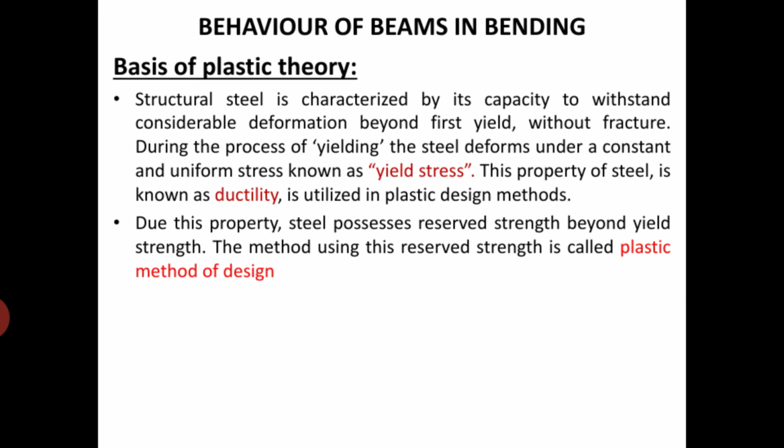That is, in the plastic method we are using this extra load carrying ability of steel. Here we are using ultimate load for the design purpose. Therefore, this method is also known as load factor or ultimate load design.